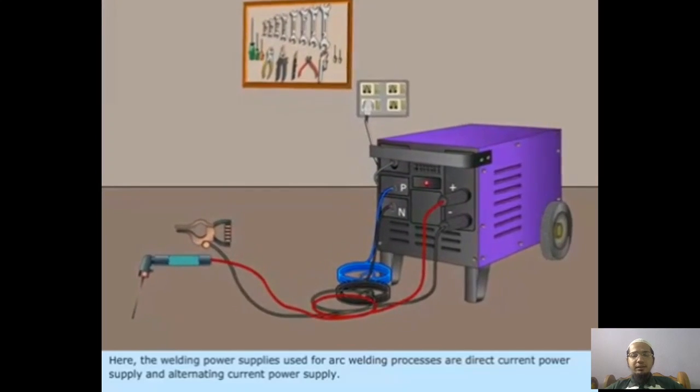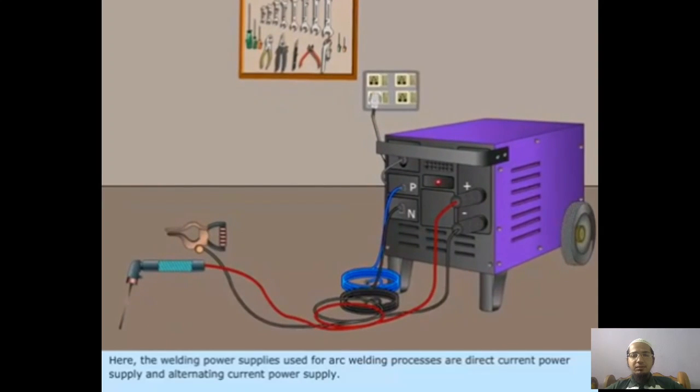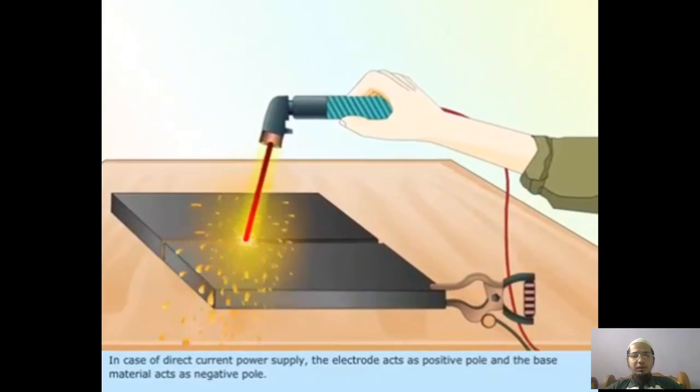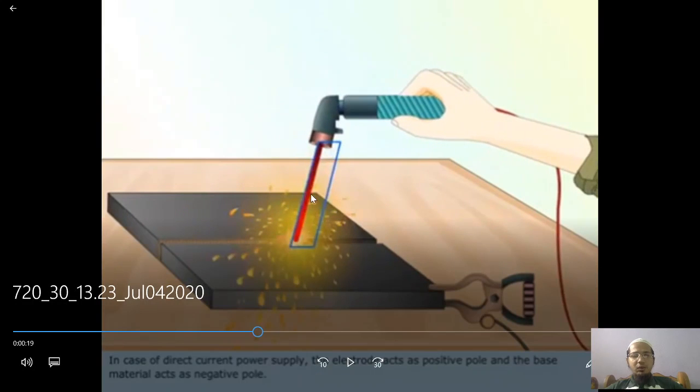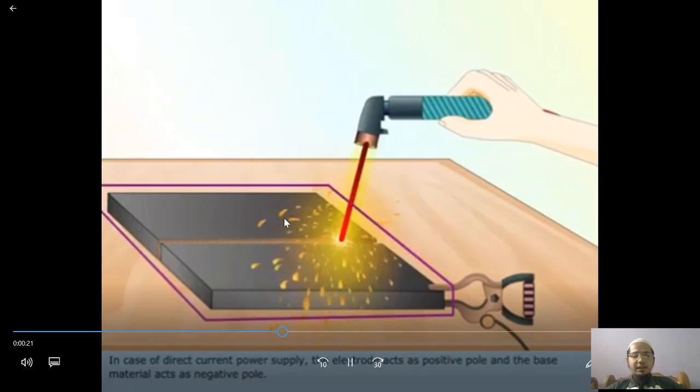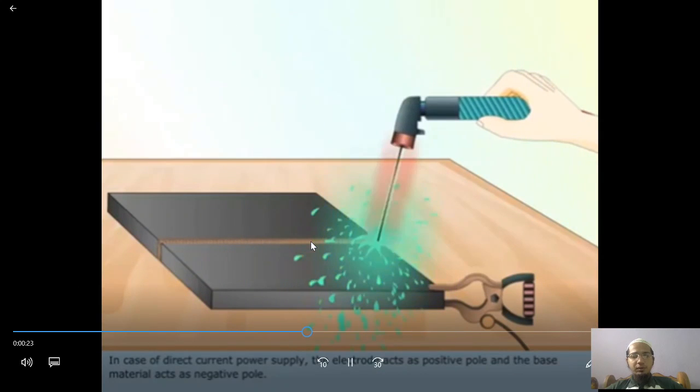So here you can see the electronic device, by using which direct current power supply will be supplied. Here the electrode will work as a positive pole and the base material will work as a negative pole.